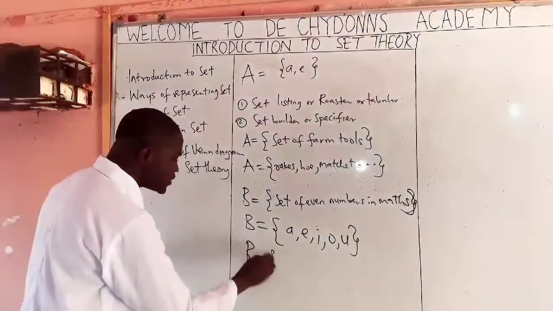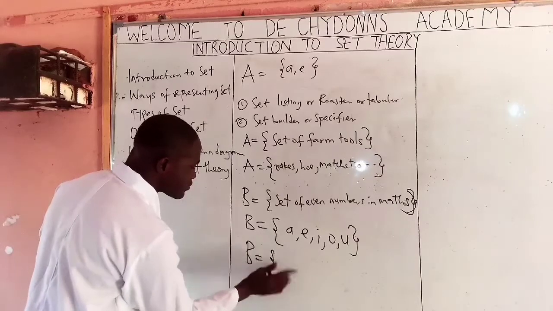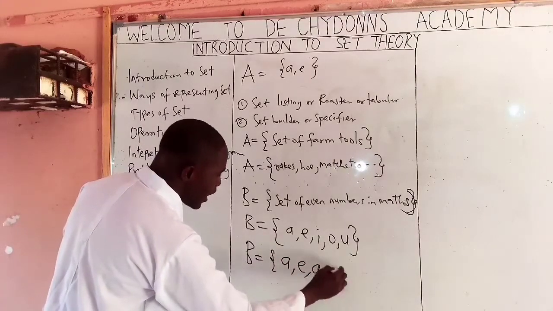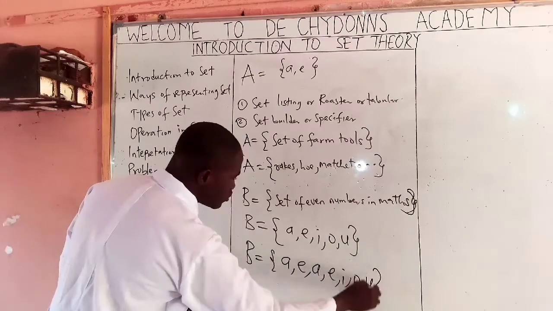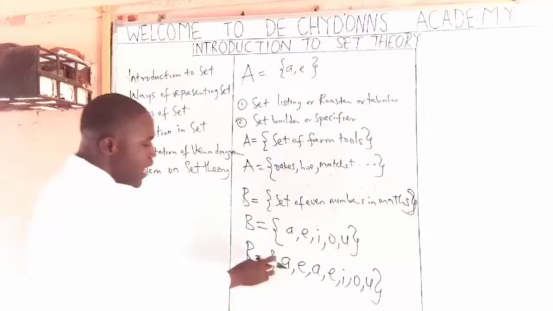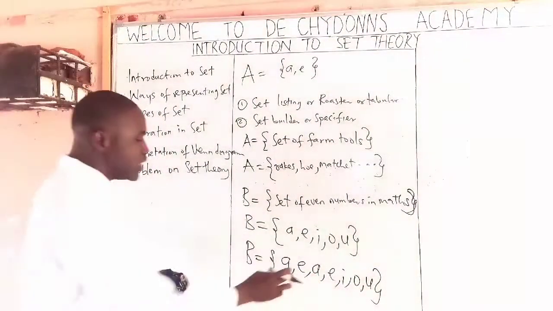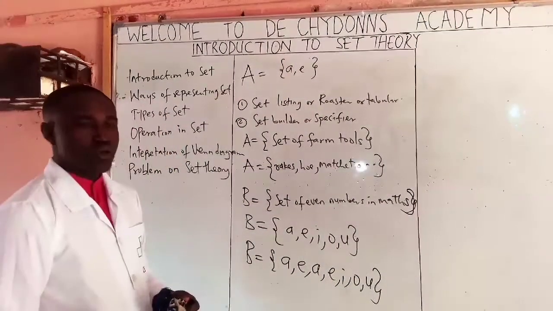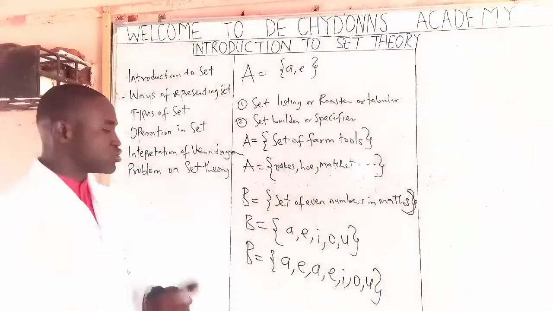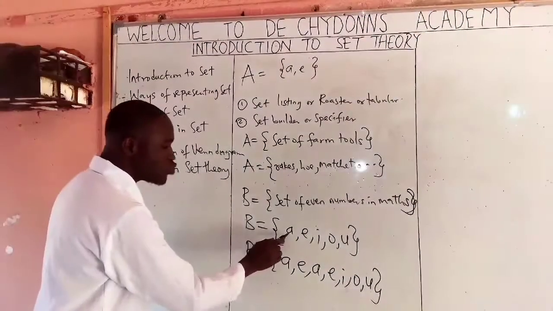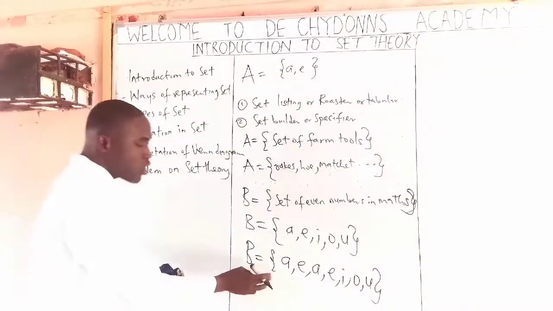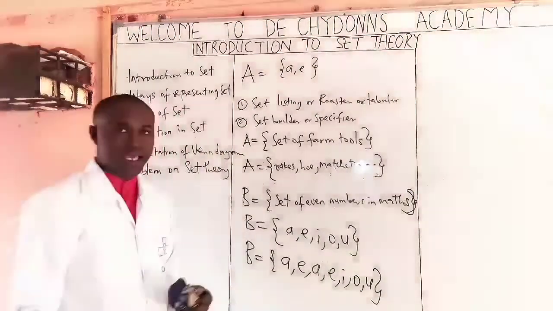Repeating elements such as A, E, I, O, U this way is wrong. Why? A repeated itself more than once, E repeated itself more than once. No need of repeating a particular element more than once. Just write it once.